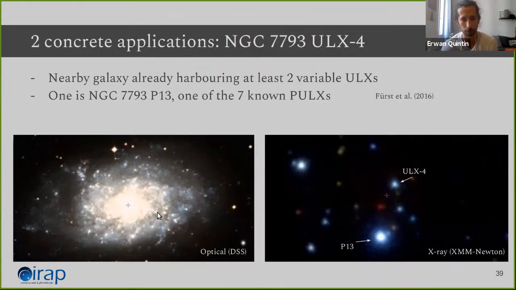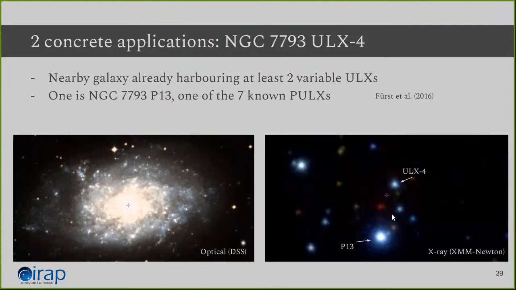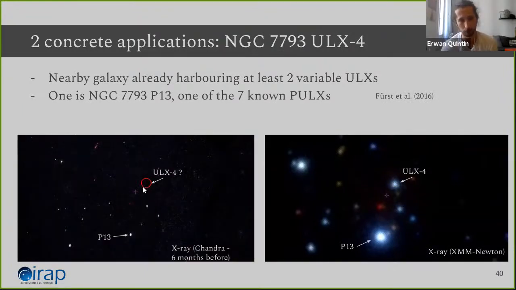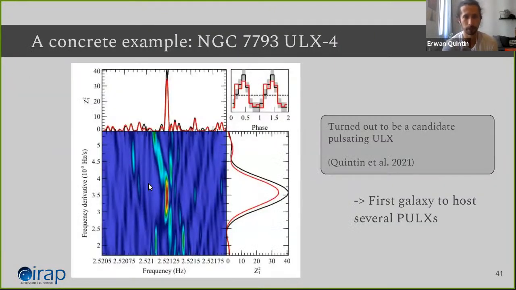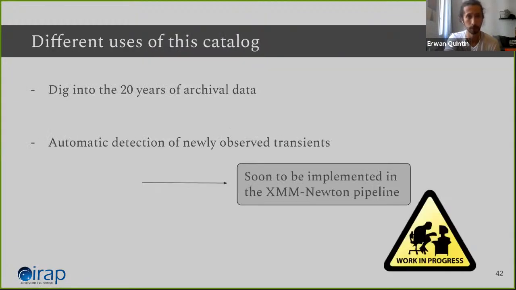On the left, the optical, yeah, thank you. And on the right, the XMM-Newton observation with here ULX4 and Chandra 6 months earlier without anything at this place. So we looked for pulsation. Like I told you, pulsations are quite rare, and we found one. So this turns out to be a good candidate pulsating ULX, which would mean that this galaxy is the first galaxy to host several pulsating ULXs.